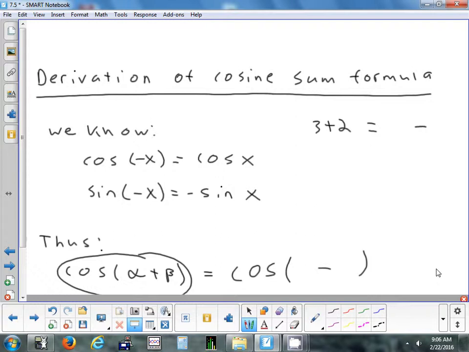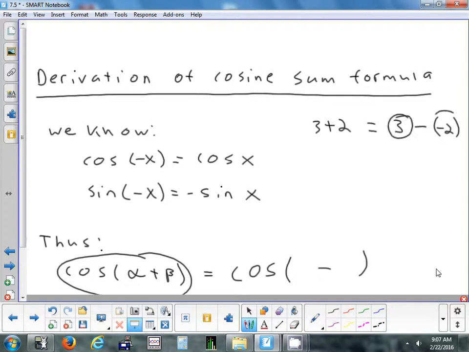How can you rewrite 3 plus 2 with subtraction and still get 5 as the answer? So yeah, 3 minus, what would you put right there? Oh, -2. Put -2. Okay, so now you just wrote addition as subtraction.